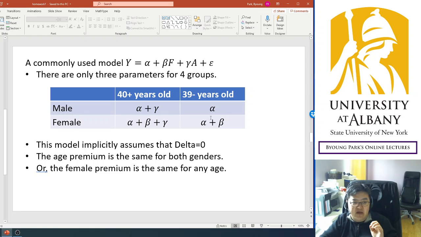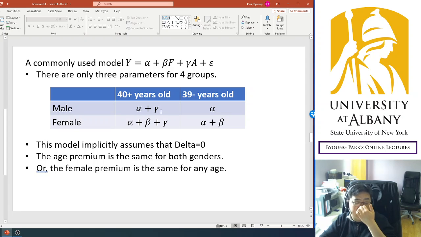Have a look at this. The female premium is beta for those below 39 years old, and also beta for those 40 years old. So the difference is the same in this group and in this group. That is the assumption this model is implicitly making.